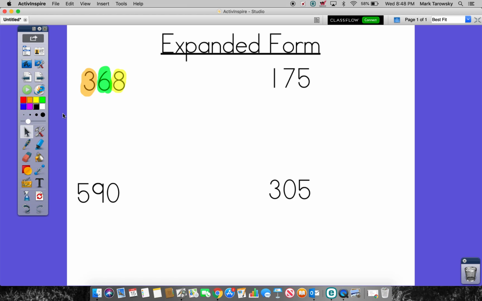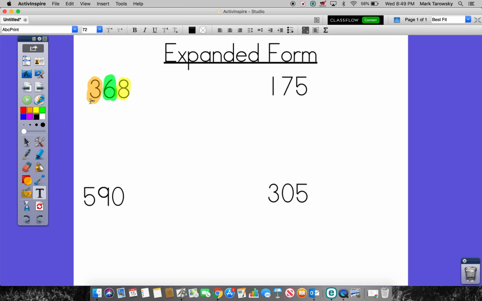If you remember back to expanded form, we are going to be expanding it or stretching it out, making that number bigger. The whole idea of expanded form is taking a number like 368 and breaking it out into how many ones, how many tens, and how many hundreds are in that number. For 368, we start with the hundreds place since that's our biggest digit. 3 in our hundreds place tells us that there are 300.